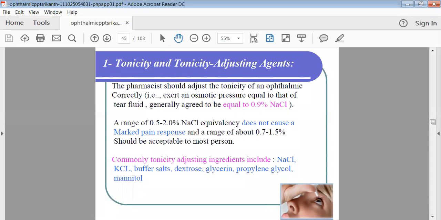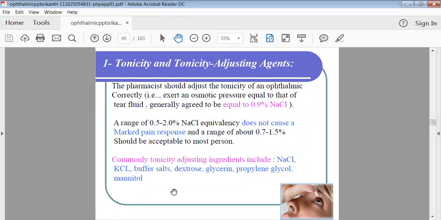Generally, 0.5 to 2% sodium chloride solution is equivalent to your lacrimal secretion, and it does not cause any irritation. So your eye drop may range from 0.5 to 2% sodium chloride equivalency, or isotonicity.